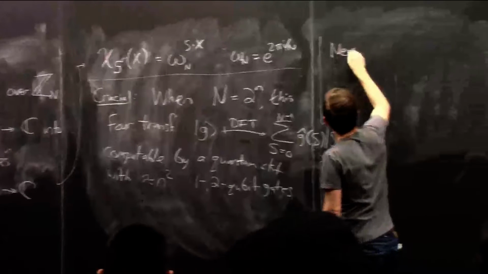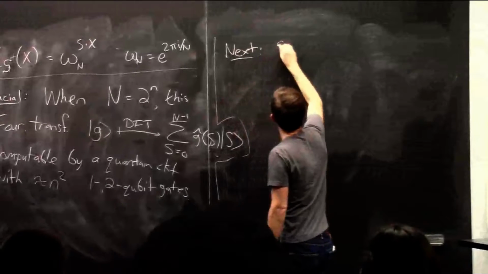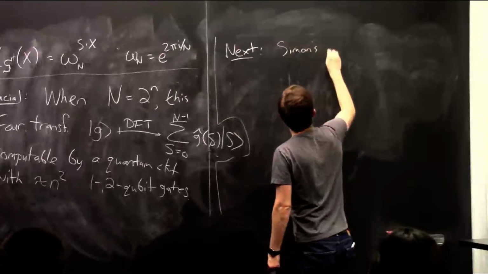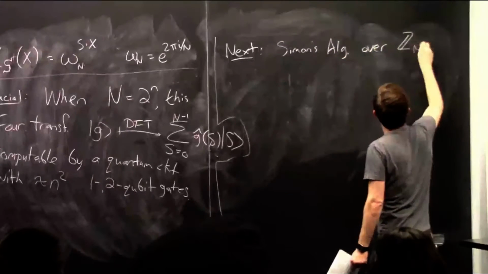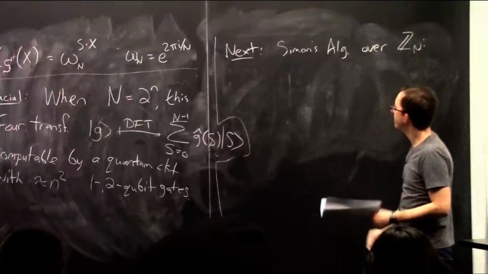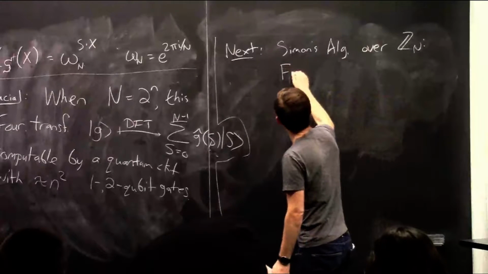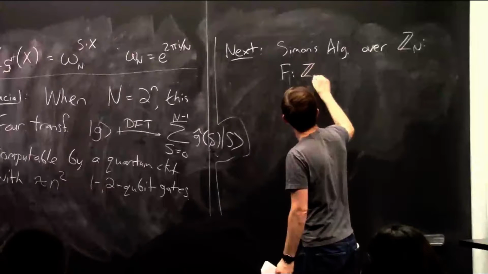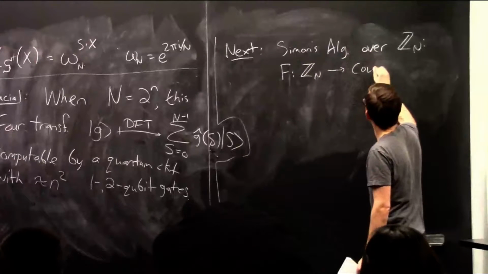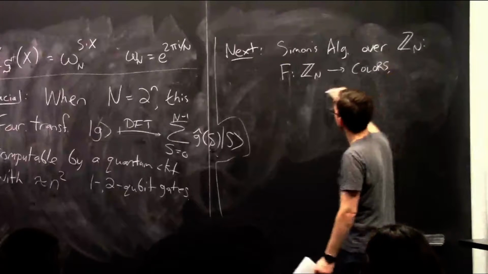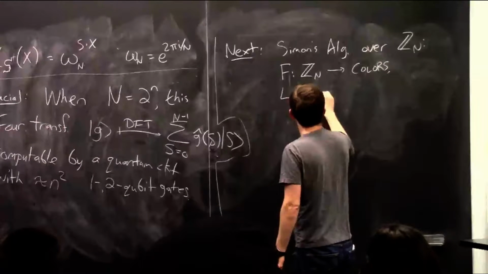And then next lecture, we'll literally repeat Simon's algorithm in this context. It'll be very similar. You have a function that maps the integers between 0 and n into some set, whatever, we'll call it colors. And it'll be L periodic.